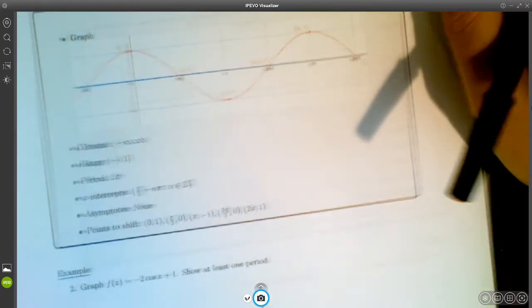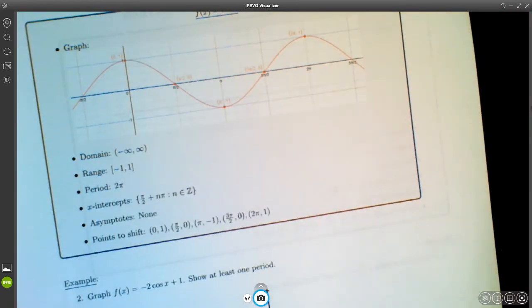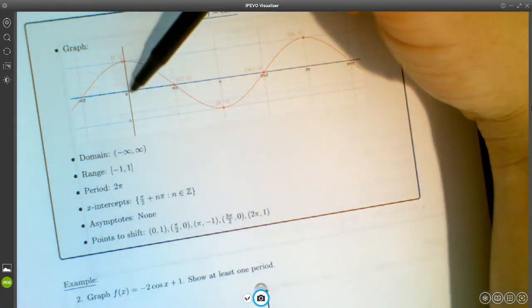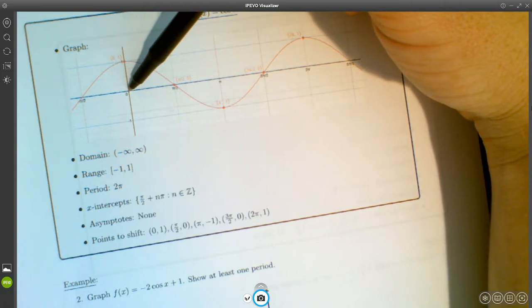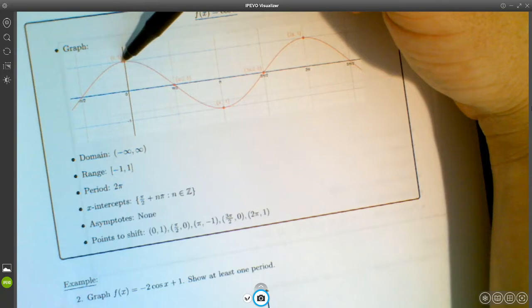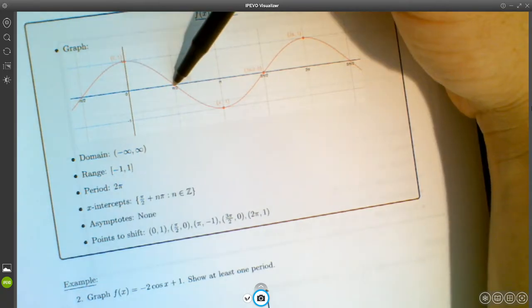one for cosine. So the cosine function looks a lot like the sine function, except that instead of starting at 0, 0, and then going to pi over 2, 1, it starts at 0, 1, and then goes down to pi over 2, 0.